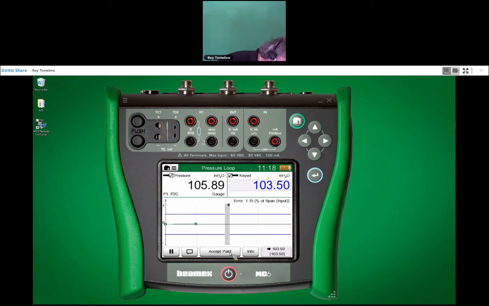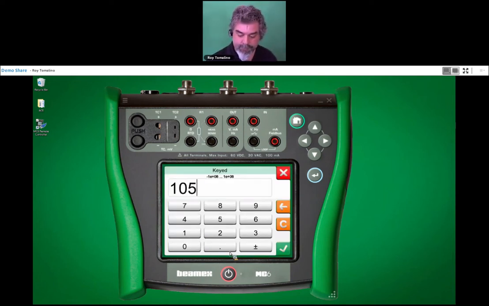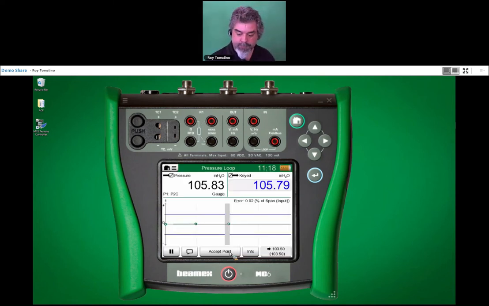All right, so I overshot my 103.5. I've got 105.79. All right. So again, the top left is what we're reading from the pressure pump. The top right is what our DCS is showing. Just waiting for it to stabilize here, 155.46.